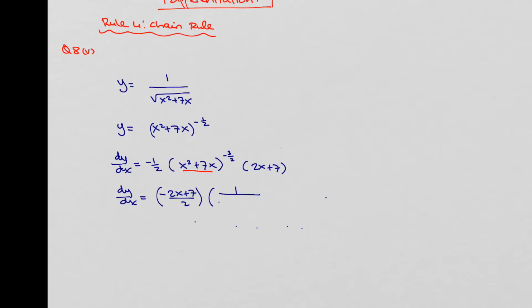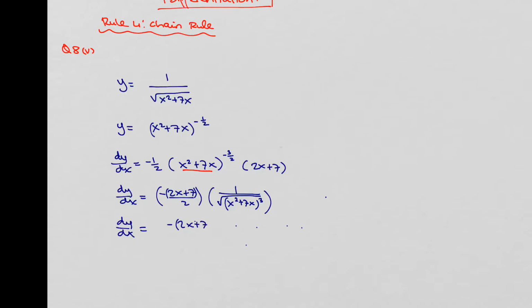The 3 is the power and 2 is the root. So that's the square root of x squared plus 7x in brackets to be cubed. For my final line, I would write that as minus 2x plus 7, all over 2 times the square root of x squared plus 7x in brackets cubed.